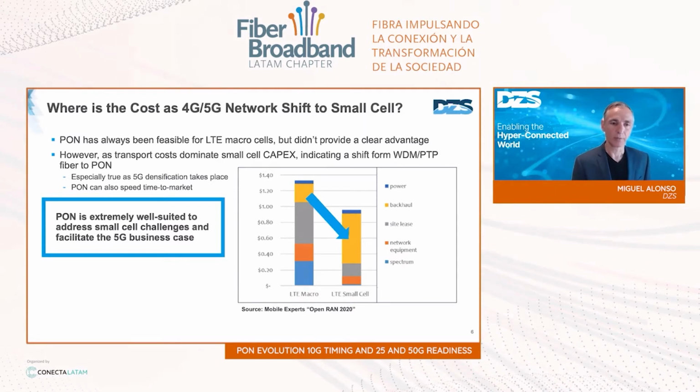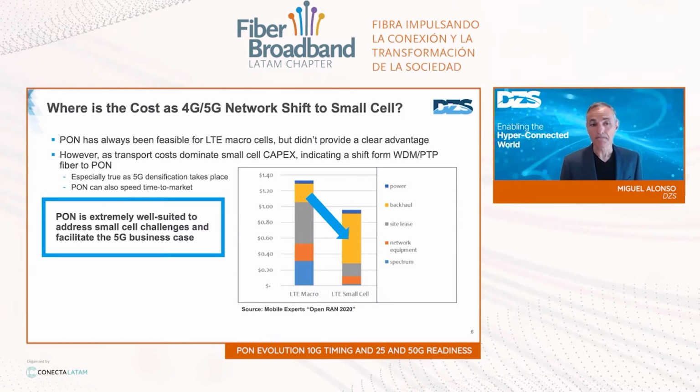They awfully dominate the percentage of cost that is associated with the implementation of those networks. In this case, PON has proven itself to be a very cost-effective way of delivering mobile backhaul to cell sites. Very cost-effective because it allows you to do that in the most fiber-efficient way.